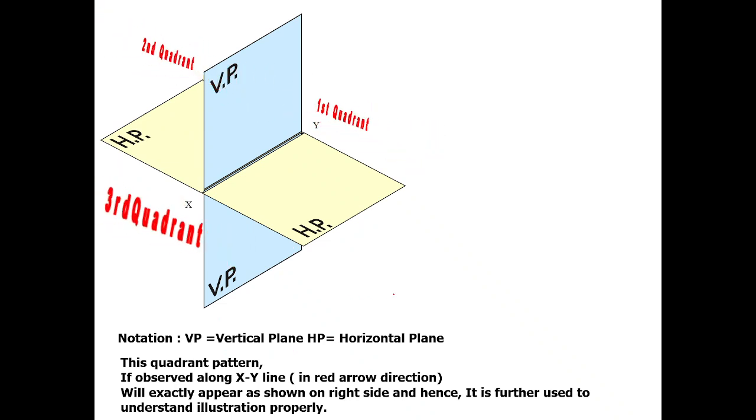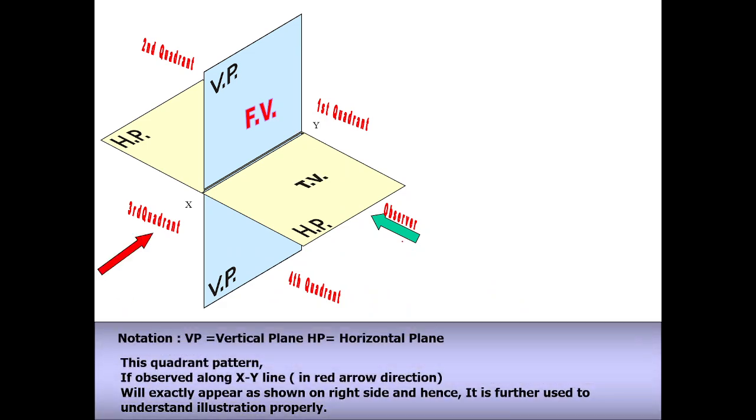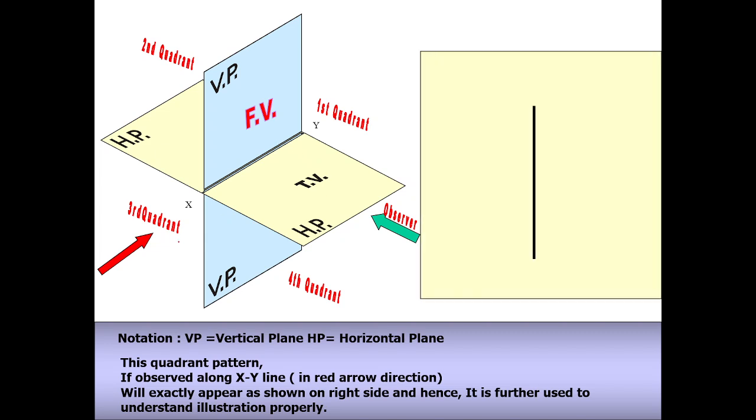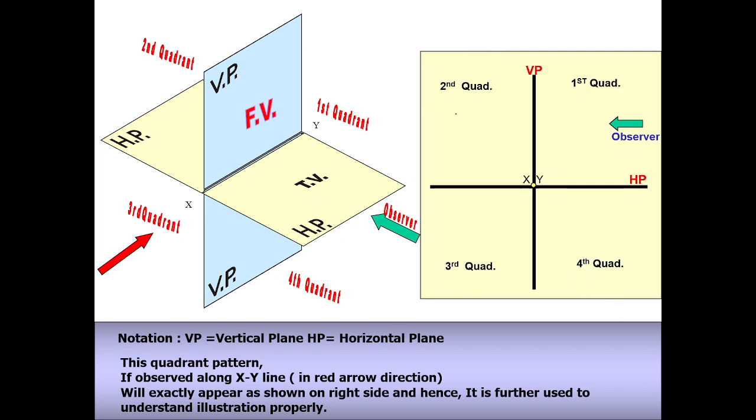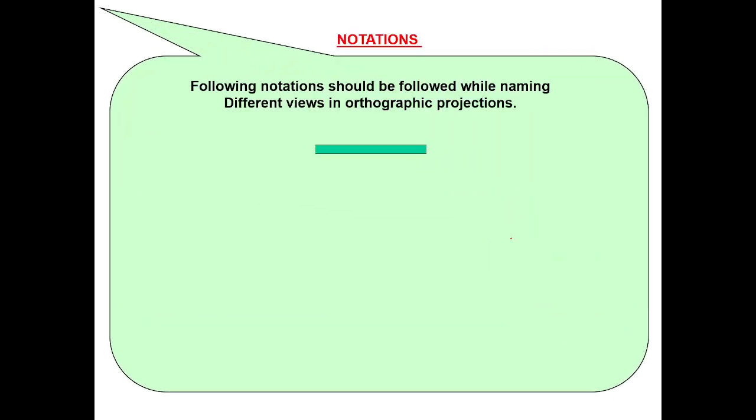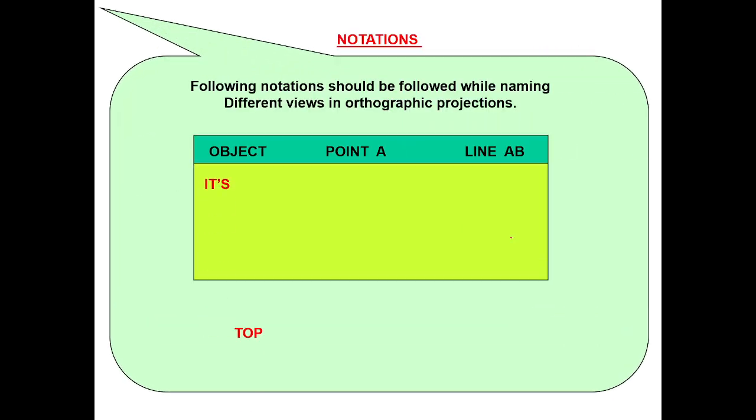The observer is always looking from this direction. So you can see the observer, and you can get the front view and top view. First quadrant, second quadrant, third and fourth quadrant. Now what notations do we use?